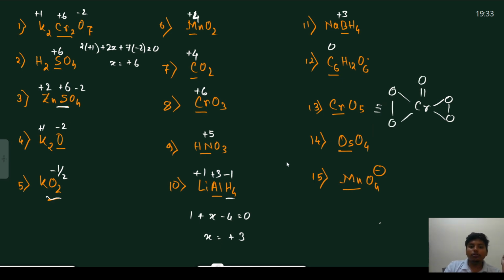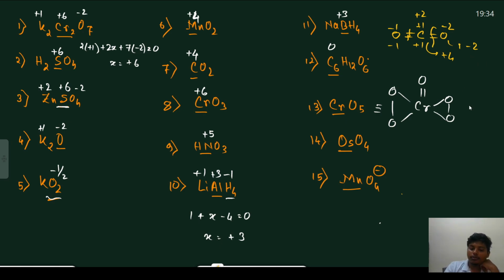Understood? Before going to this, understand carbon dioxide. If you break one bond, carbon will be +1 and oxygen -1. Another bond, carbon +1, oxygen -1. Similarly, if you break these two bonds, oxygen -2, carbon +2. So that's why carbon oxidation state is +4 and oxygen oxidation state is -2. Clear?